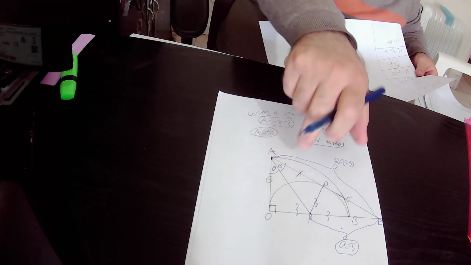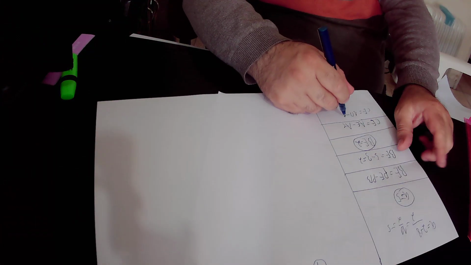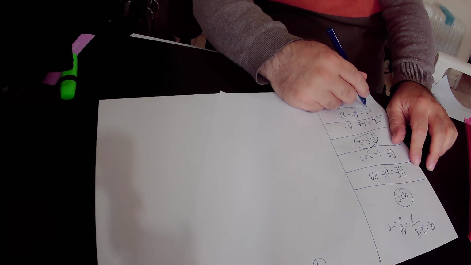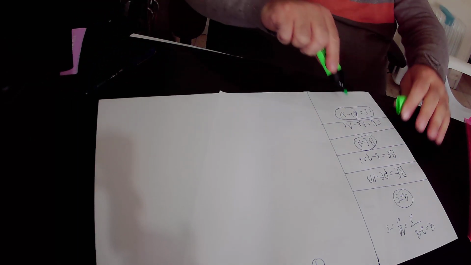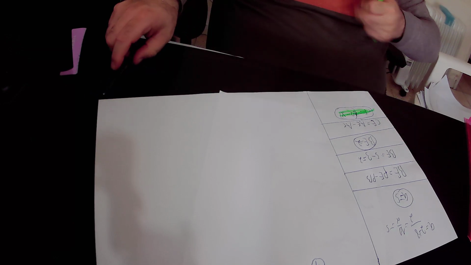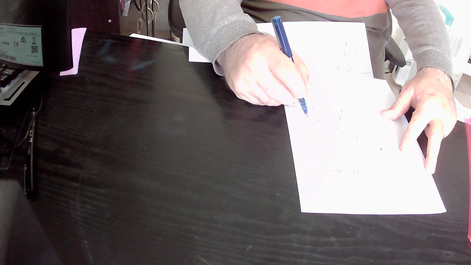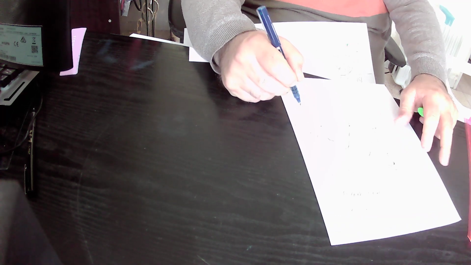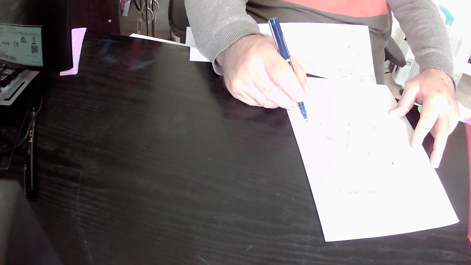AC equals X, it is the line segment that we are looking for, according to what is given in the question. So in conclusion, CE equals 10 minus X. And we have already found out that BE equals 2 units, so we can write here that BE equals 2 units.